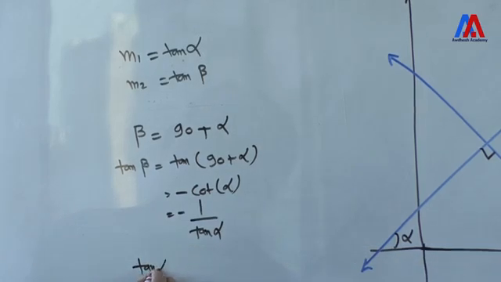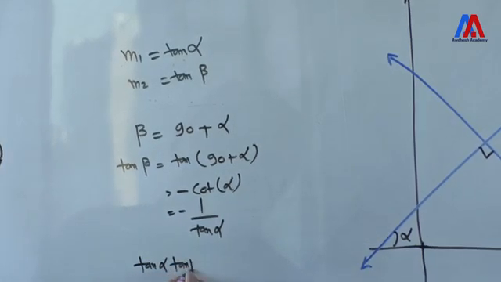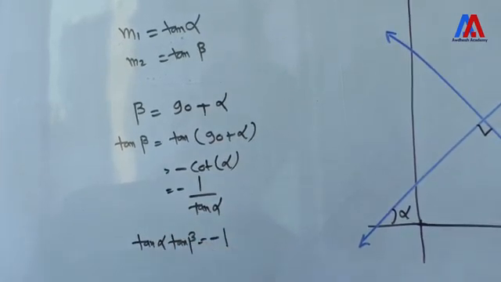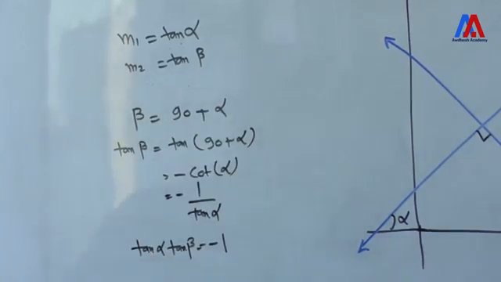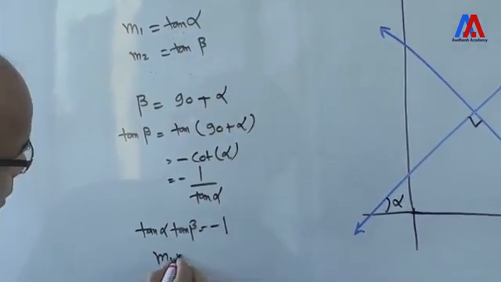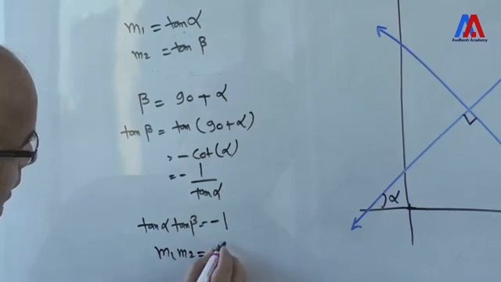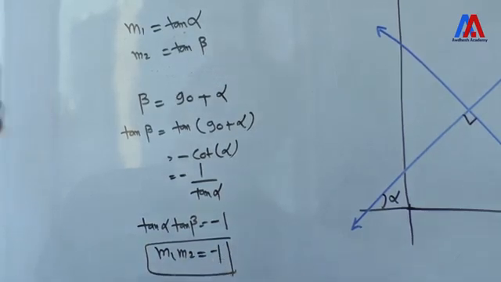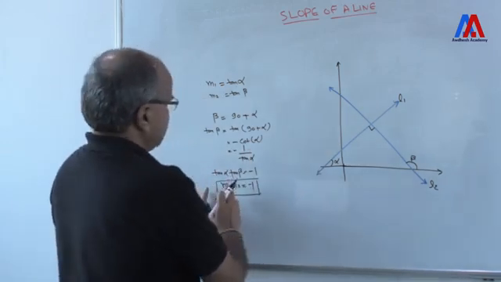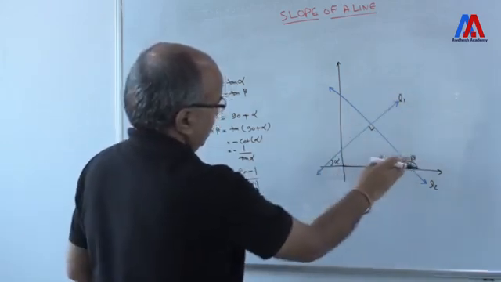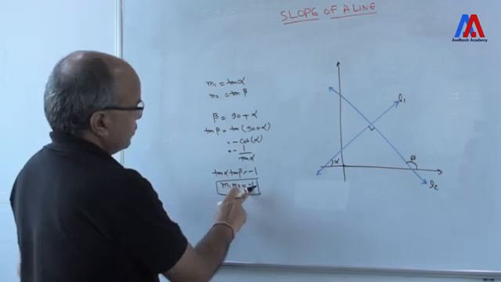We get tan alpha tan beta is equal to minus 1, but tan alpha is equal to m1, tan beta is equal to m2. So we can write m1 m2 is equal to minus 1. It means that if two lines are perpendicular to each other, then m1 m2 will be equal to minus 1.